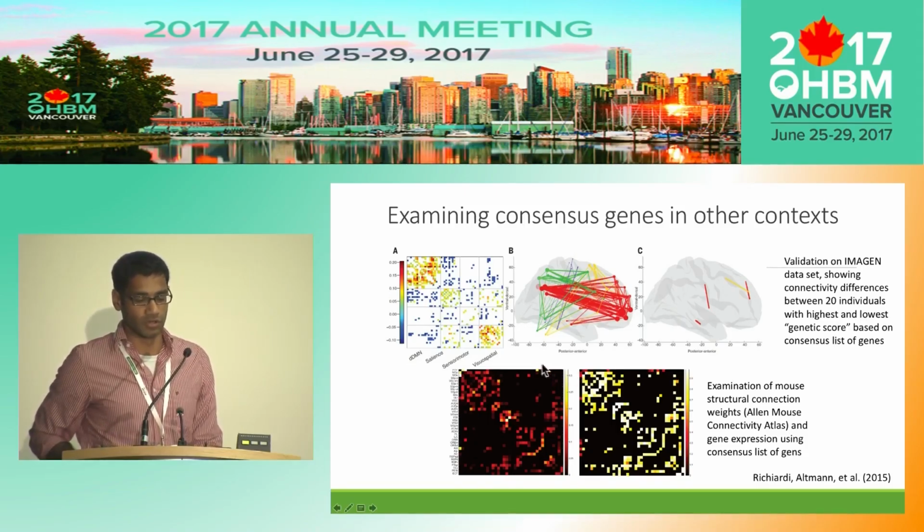The idea is you can look at the relative weights of the connectivity. This is from structural connectivity analyses between various cortical regions. And then you can look at the transcriptional or gene expression similarity of those same regions. And just by eye, you can see that there's a clear link between structural connectivity and transcriptional relationships using this list of consensus genes that they find.